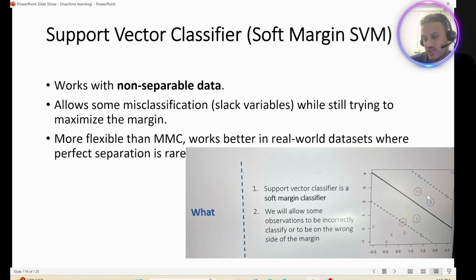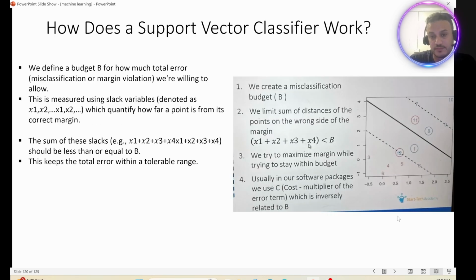And we also have this point, which is supposed to belong to the blue, but after the decision boundary it's classified in the wrong direction. So in this method we allow misclassification.